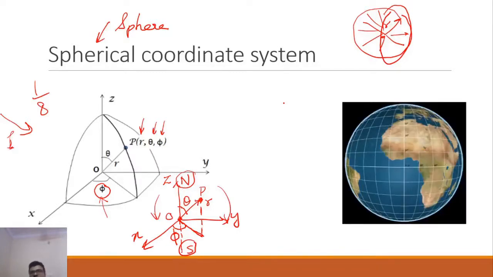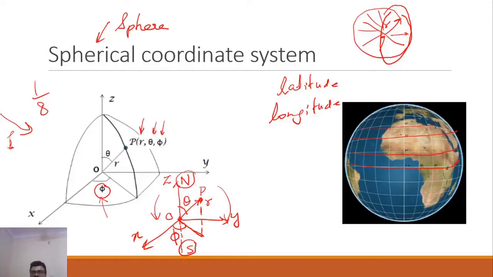It's very common. You all have studied geography. You know that in a globe we have something known as latitude and something known as longitude. So the latitude tells us that if you move horizontally on the earth or on the globe, you will locate some point on the same horizontal plane.